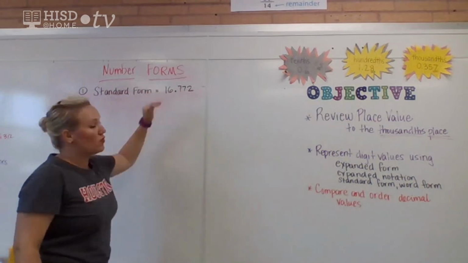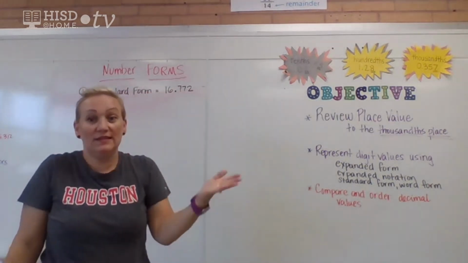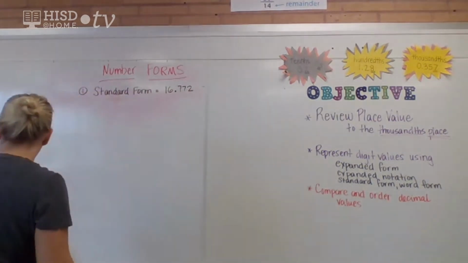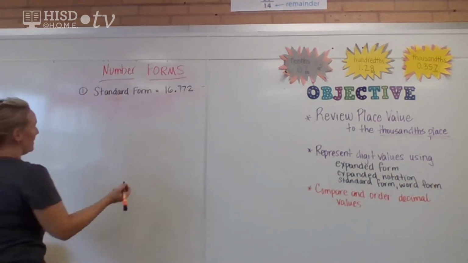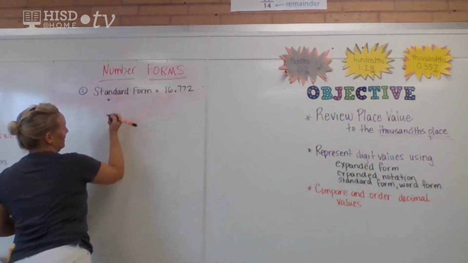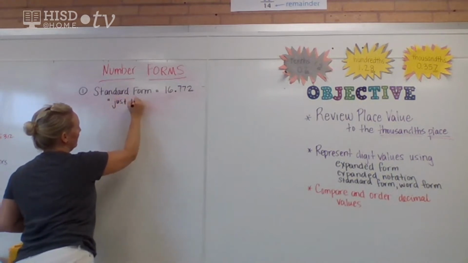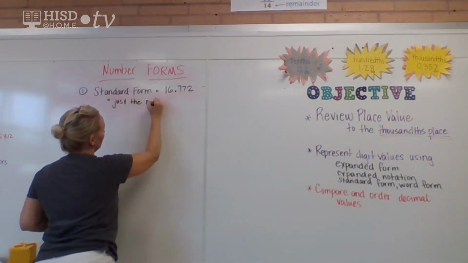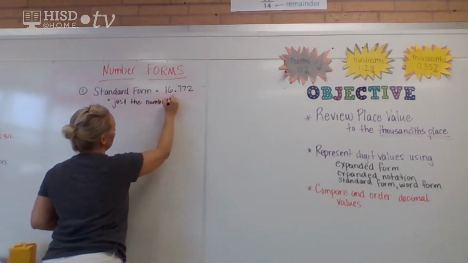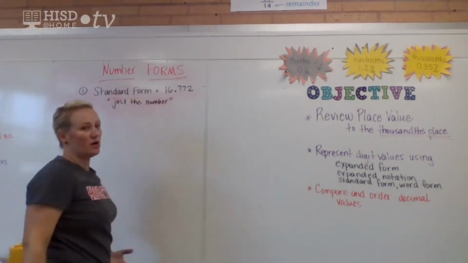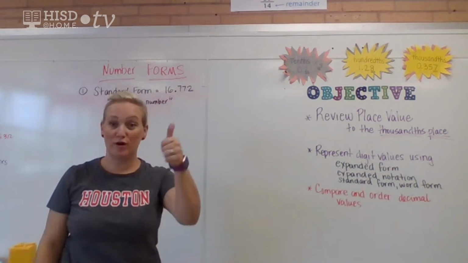So the standard form of a number is just the digits. It's the easiest form. It's just the digits themselves. So I like to say, in quotes, just the number. Pretty easy, right? It's just the number itself. So there you go. You already got one.